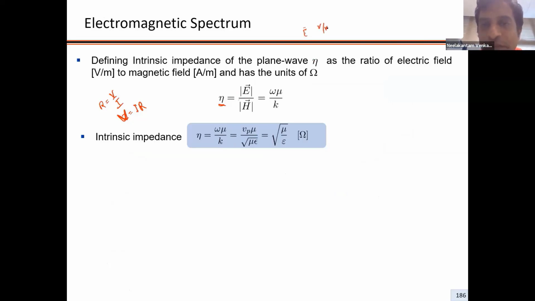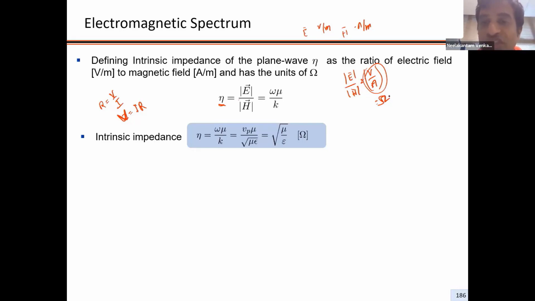Electric field is in volts per meter, magnetic field is in amperes per meter. So if I take this over this, the units will be volt over ampere, and this is impedance, which is ohms.